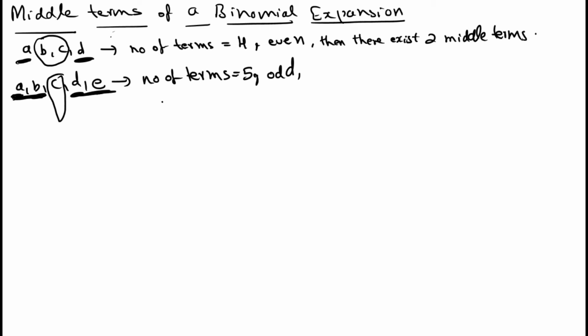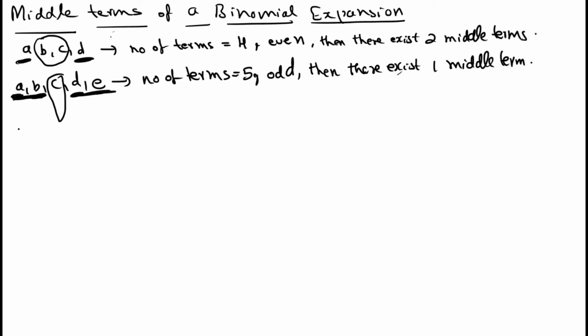So if the total number of terms is an odd number, then there exists one middle term. Okay, clear? If the total number of terms is odd, then there exists only one middle term. And if the total number of terms is even, then there exist two middle terms.